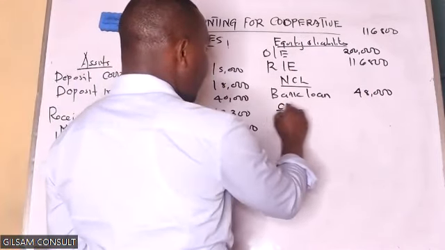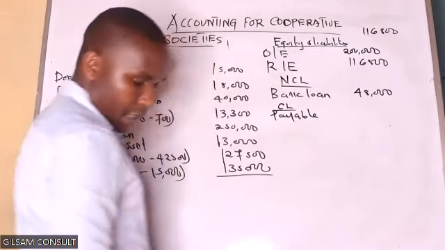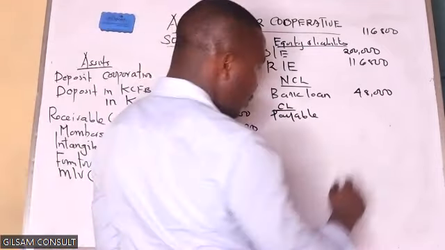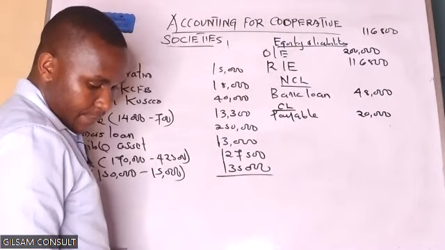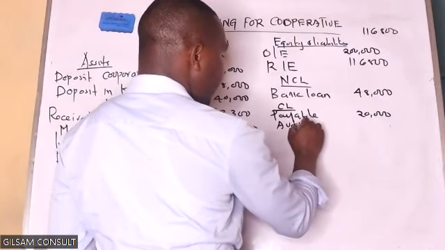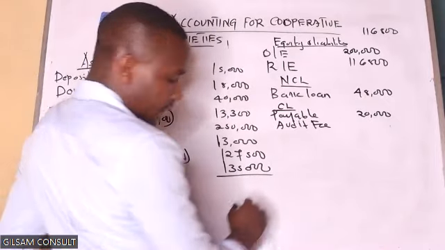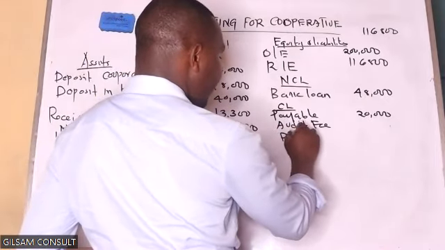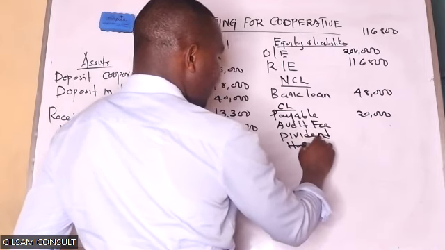Current liability. Payable, how much? Payable is 20,000. We have accruals. Remember the audit fee, which we have not paid. That was a provision. We have proposed dividend and honoraria which we have not paid.